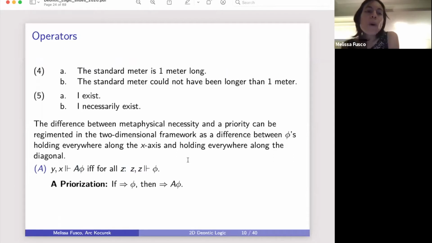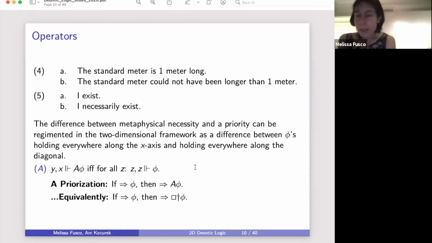So maybe what we want here for sentences like 3, 4, and 5 is something like a rule of a priorization rather than a rule of necessitation, or for sentences that are approximated by bow tie. So I want to say something like, well, if I can conclude phi from nothing, if it's a tautology in that sense, then maybe it's a priori that phi, right?